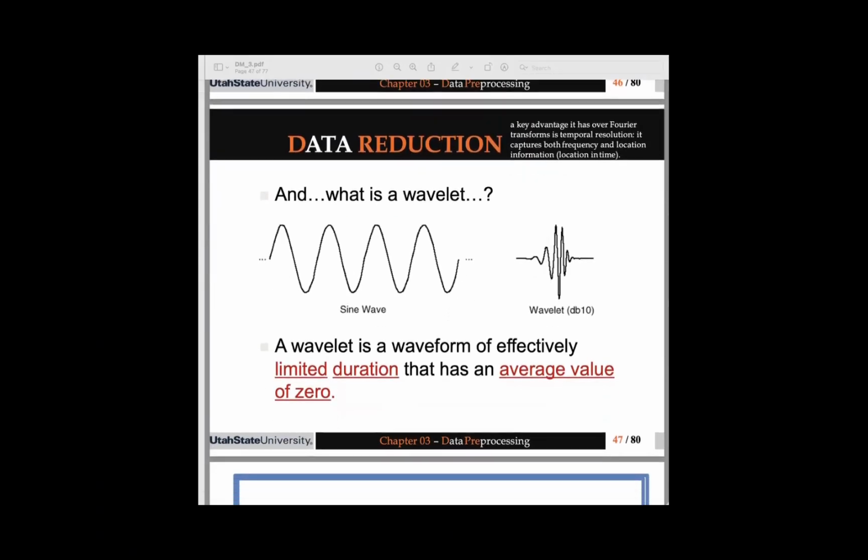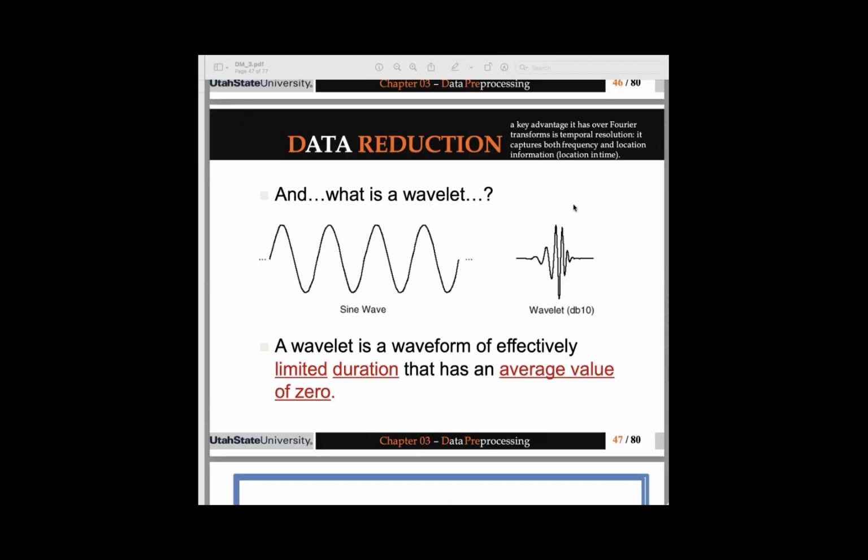Okay, so we already talked about what a wavelet is, and we said that this is a small signal. For example, a sine wave is not a wavelet because it's a long signal over here, although it does have an average value of 0. If you take the average of all those values, they will cancel out each other. But it lives in a longer interval.